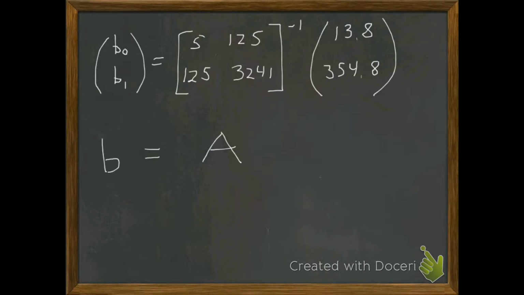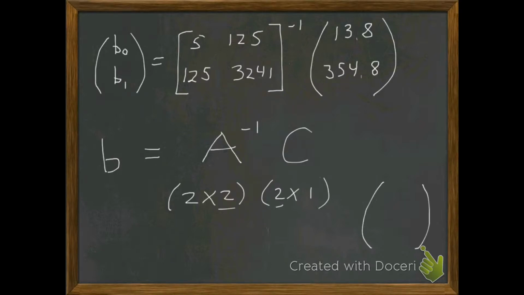Okay. So ultimately, we'll find B by taking the inverse of A times C. And if you think about it here, the inverse of a square matrix is still the same size, so we're going to have 2 by 2. And here we have a 2 by 1. Center numbers are the same. So we're going to end up with a 2 by 1 matrix, which is exactly what we need to solve for beta 0, beta 1.